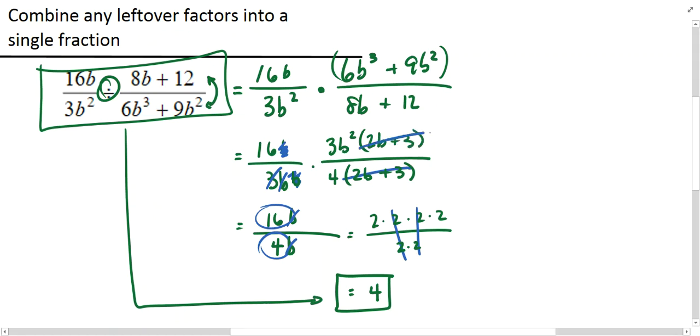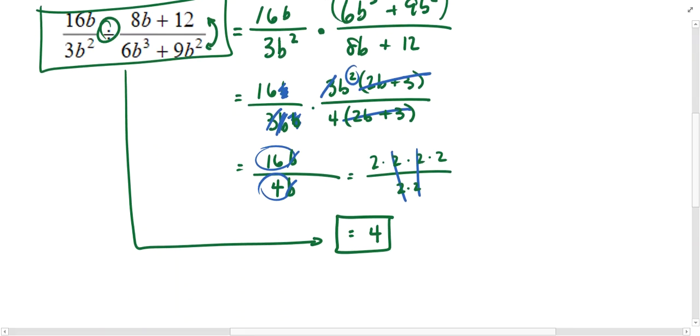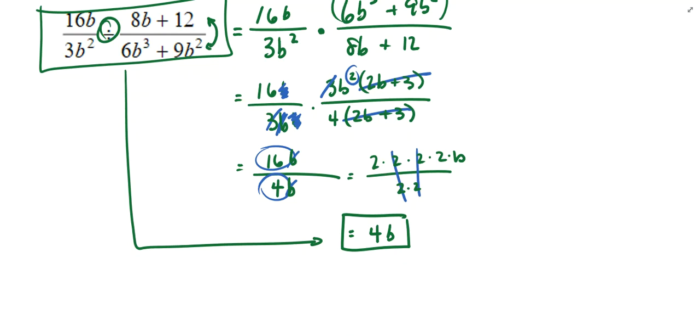So while that did factor, and the 3 and this 3 canceled, only one of the b's from the numerator should have canceled with the b in the denominator. So ultimately that would have left us with an additional b left over here in the numerator, and our final result, instead of being 4, should have been 4b. So kudos to you if you caught my mistake while I was recording. Hopefully you've got a better understanding of that now.